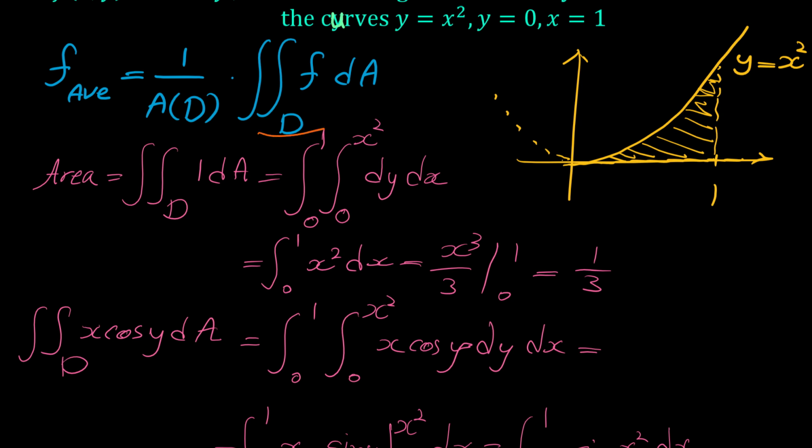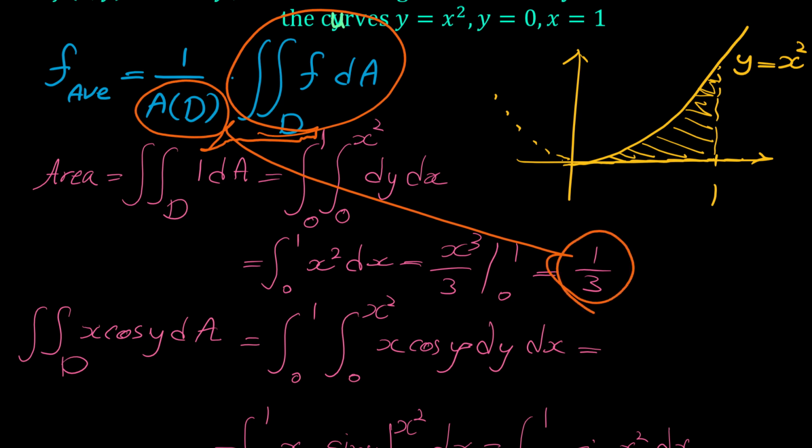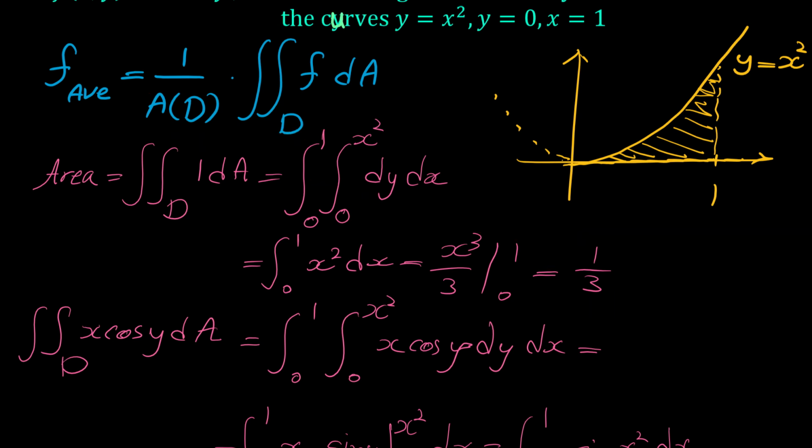The value of this integral is 1/2 times 1 minus cosine 1, and the area is 1/3. So what is the average at the end? The average equals 1 over 1/3 times the integral.